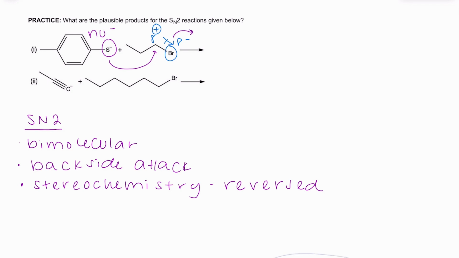When that happens, we're going to get propyl p-tolyl sulfane product, where the sulfur here replaces the bromine atom.